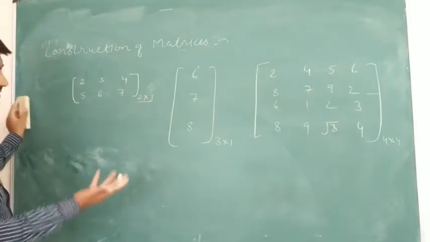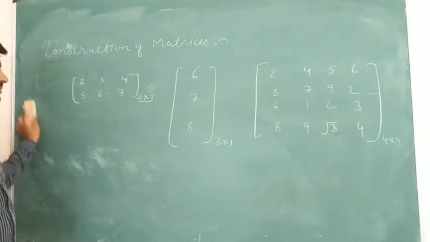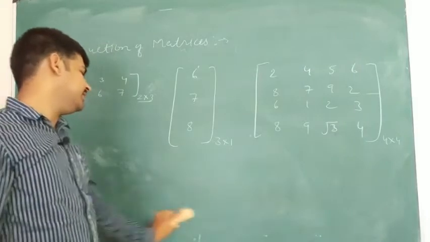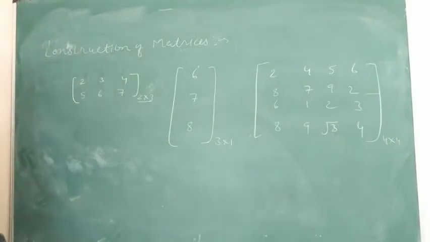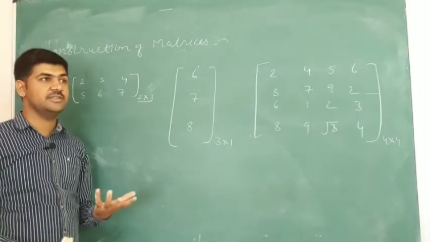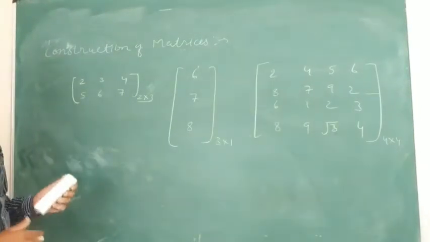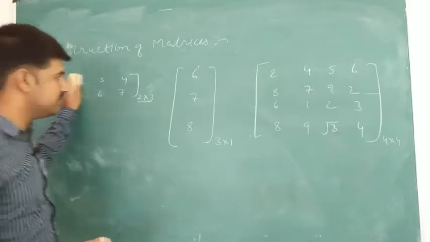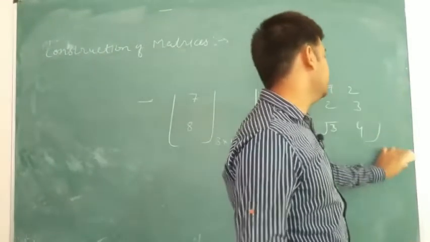Okay, so on the basis of order, there are some different questions made. The type of question is, if you are given the number of elements in a matrix, then how to find the order of the matrix? Number of elements given and possible orders to be found.